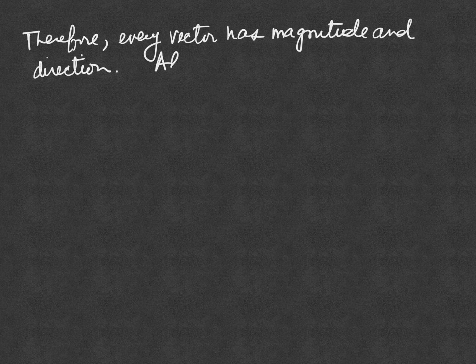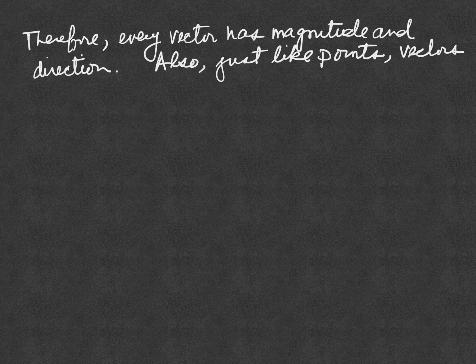Also, and this is important, just like points, vectors lie in E3. Remember that a point was a zero-dimensional object in E3. A vector is a one-dimensional object in E3.